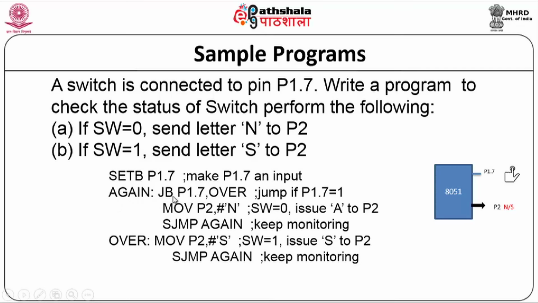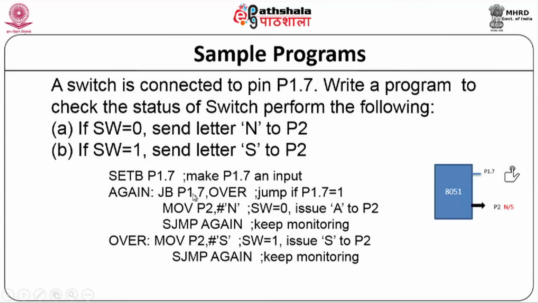So, I will continuously monitor pin 1.7, looking at whether it is 1 or 0. If it is 1, then I have to come over here. If I am coming over here, I have to do MOV P2,#'S'. Because it is immediate addressing, S is a character of 8-bit length, which will be moved to my parallel port P2. So, S is moved to P2, then SJMP, and again I come over here.